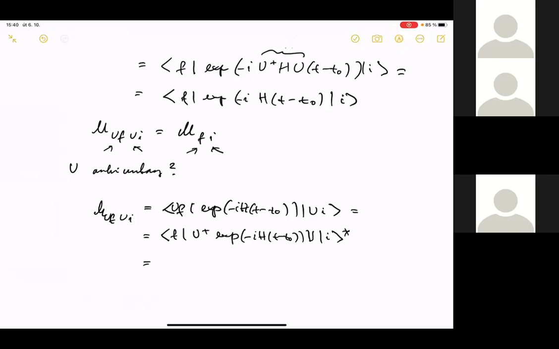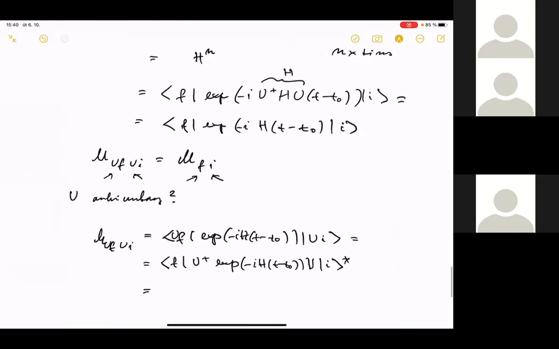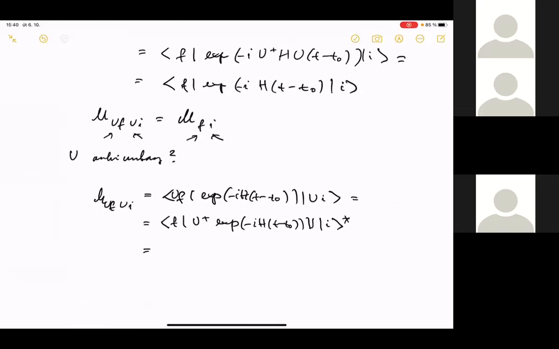Now we can use the same trick as we did here, but because U is an antilinear operator, we must be careful when we commute this operator with this imaginary unit. Commutation here means a change of the sign, so to be careful we must use such a relation. And now, because we suppose that U is a symmetry, this is again the original Hamiltonian.